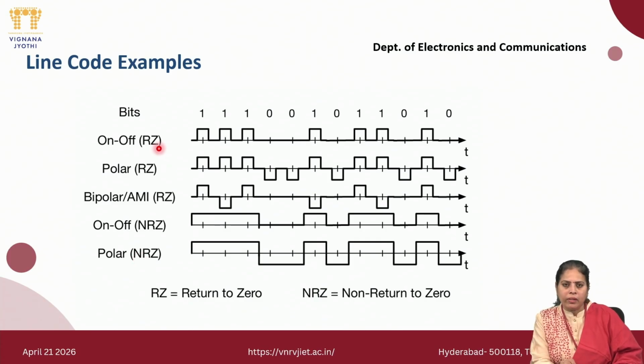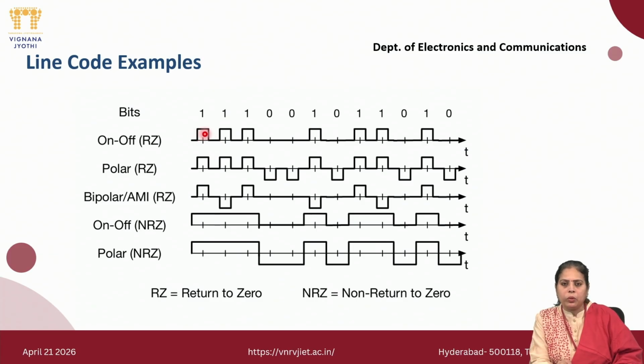Coming to the first one, that is on-off return to zero, assuming that the bits I want to transmit are in the sequence 111 00 10 11 010. Using on-off return to zero, I am going to use a return to zero pulse, which indicates that half the duration of the pulse is on, and half the duration of the pulse is off.